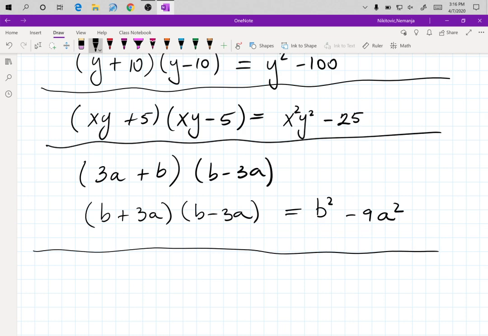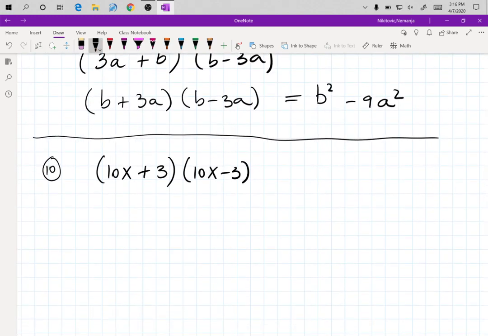Let me see a problem, or a couple of problems from the textbook to see what they expect you to know. So here's problem number 10 in the textbook. It says 10x plus 3 times 10x minus 3.